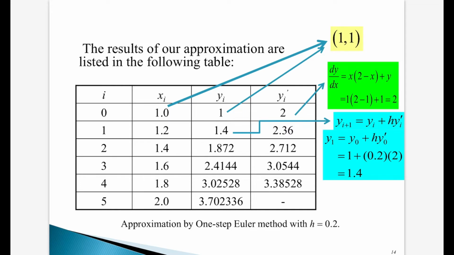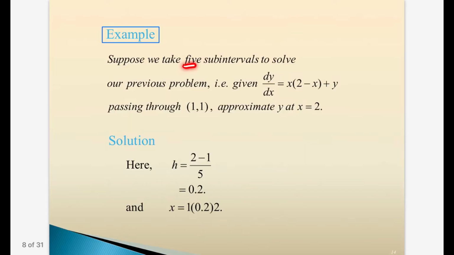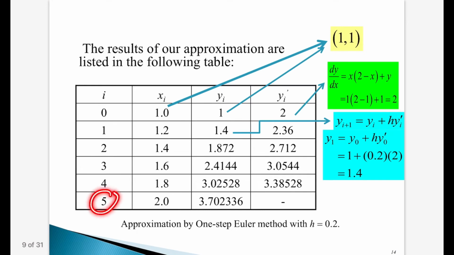So this is your next x, plus 0.2. So your x1 will be 1.2, x2 1.4, x3 1.6, x4 1.8, and x5 2.0. We're supposed to take 5 subintervals, so we stop at i equal to 5.